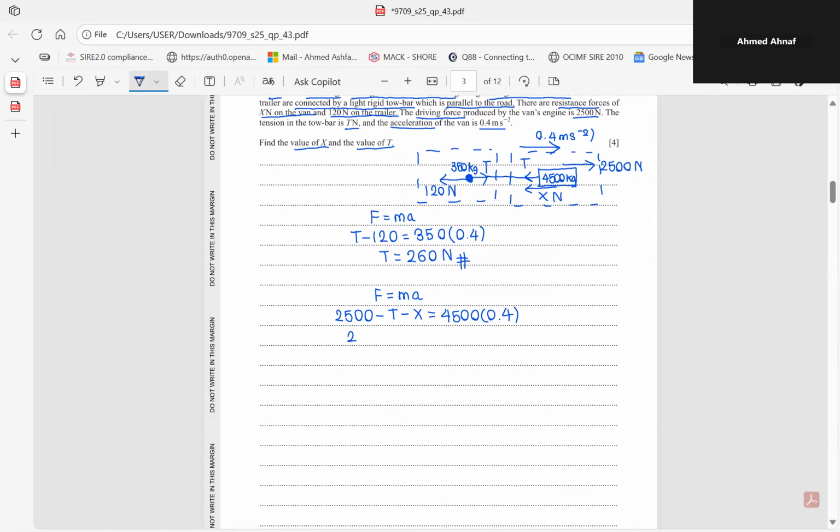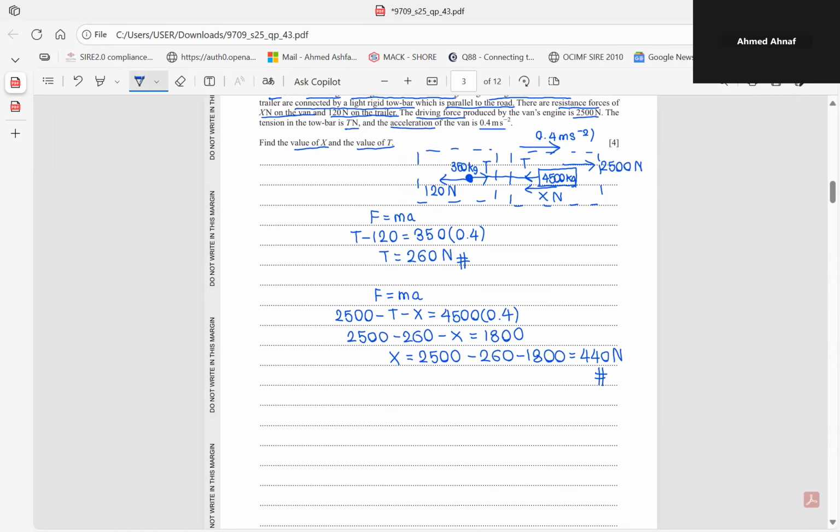We found T, so let's substitute the value of T, 260. And now all we have left is X. Let's simplify the right-hand side. You'll get 1,800. So isolating for X, it'll just be 2,500 minus 260 minus 1,800 newtons. This would be equal to 440 newtons. So this is our final answer for X as well as the entire question.